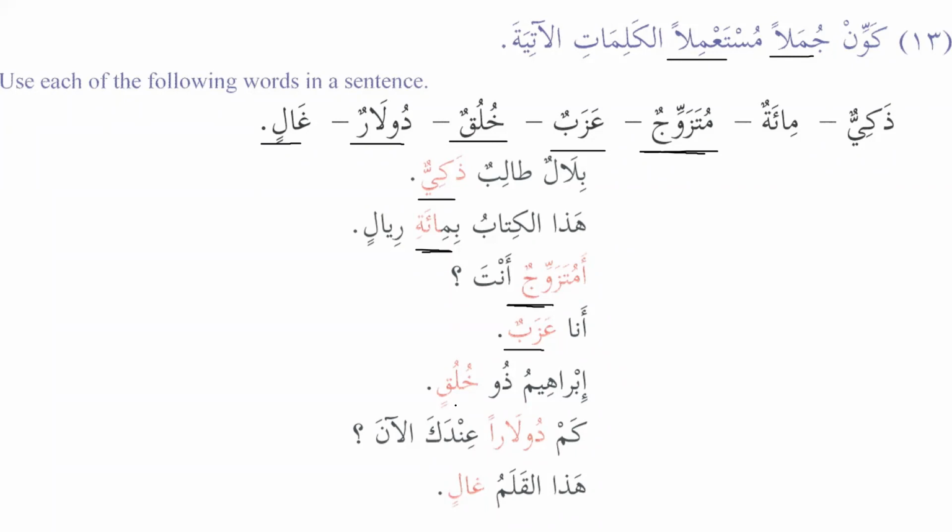Ibrahimu ذو خلق, Ibrahim possesses good manners. كم دولار, right? Why? عندك الآن, how many dollars do you have now? Because after kam the noun must be singular, mansub, and nakira. هذا القلم غال. This pen is expensive.